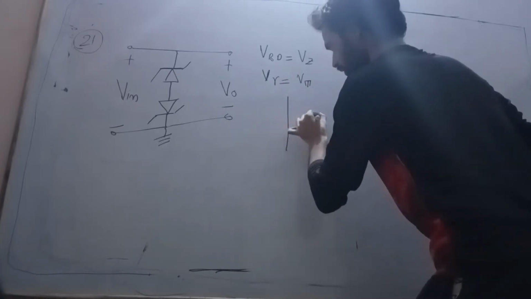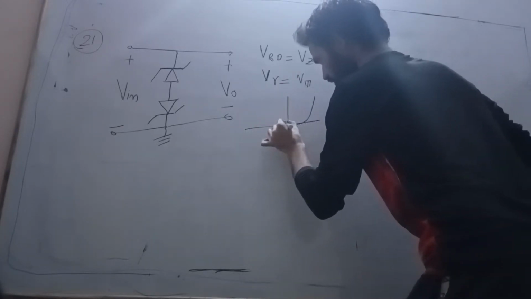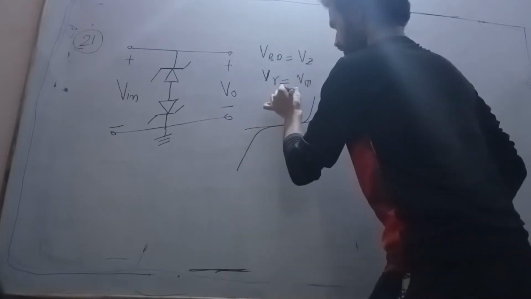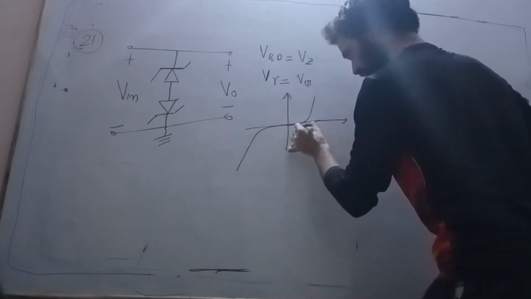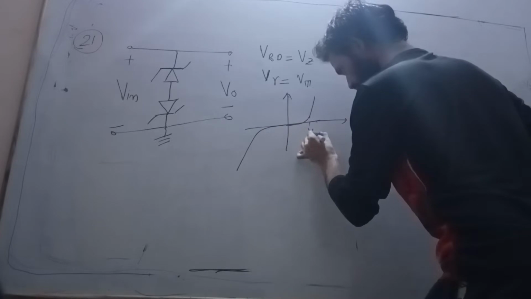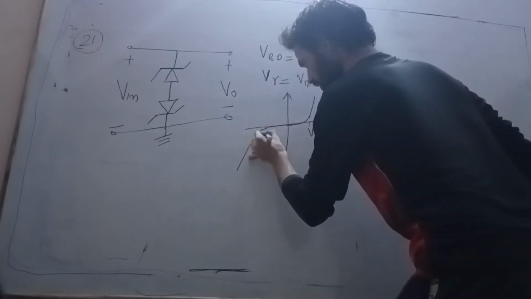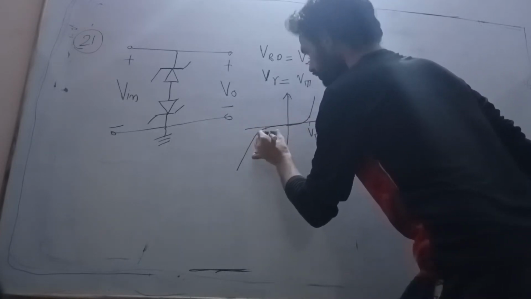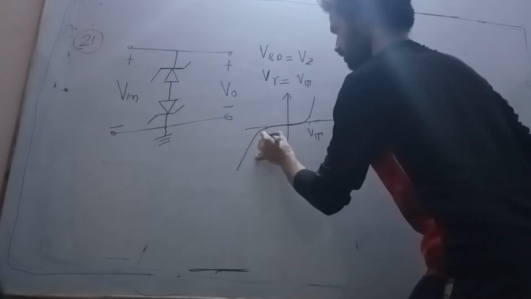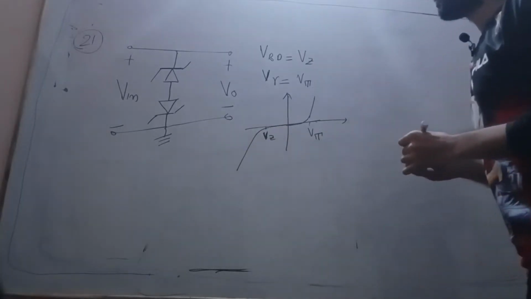As we know very well, the Zener voltage regulator circuit characteristic is this. It is given as Vt, and this is given as Vz, the breakdown voltage.